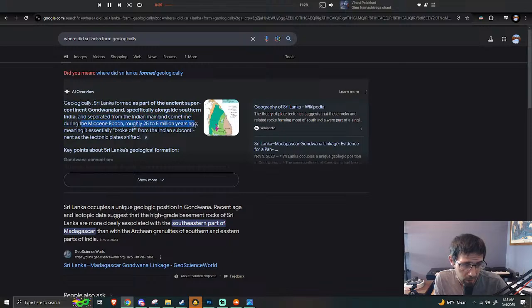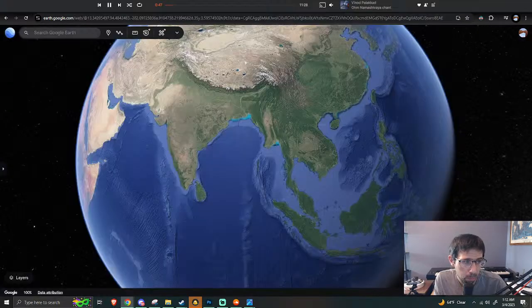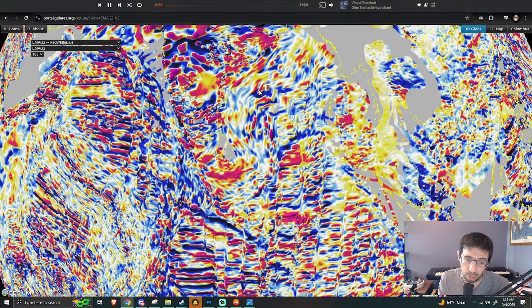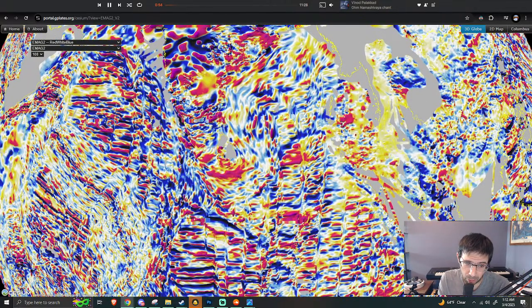This is a good time frame. Broke off from the tectonic plate. How does that explain these magnetic anomalies that literally wrap around it and go up that way?